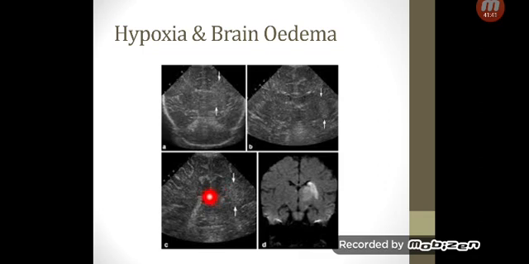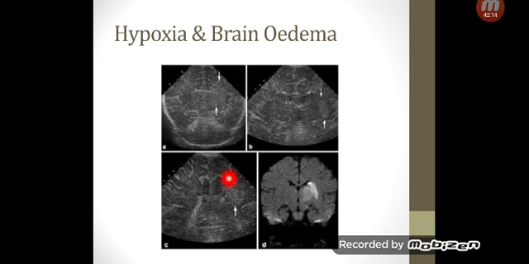But on the same scan, there is something here that is a bit hyperechoic, here, there. So the guys weren't really sure what was happening, so they went for a CT, and that's what they found. This is basically a stroke that was acute and bad enough to cause brain edema.